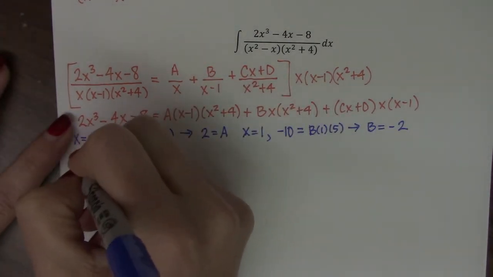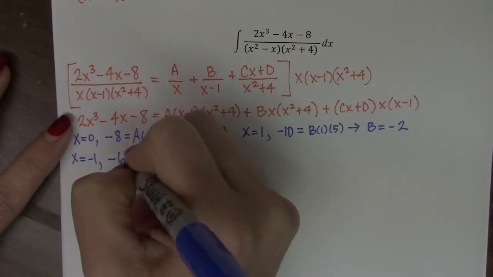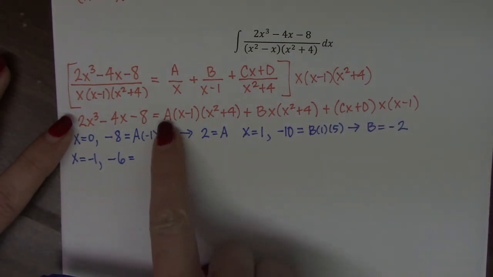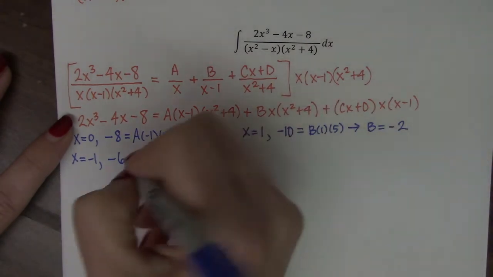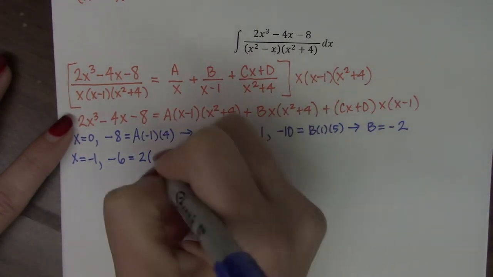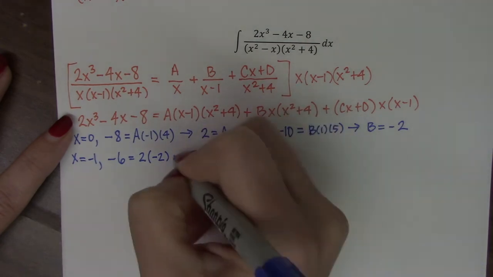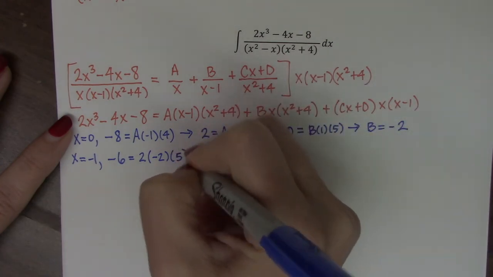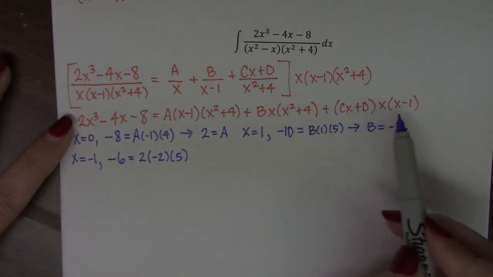So when x is negative 1, the left side of the equation becomes negative 6. The right side of the equation, what I'm going to do is go ahead and plug in my a and b as I go to simplify my algebra. So my a was 2, right, times negative 2, because negative 1 minus 1 is negative 2. When you plug negative 1 in here, it becomes positive 1 plus 4 is 5. So once you've thrown these numbers in here, you're going to see they repeat later.